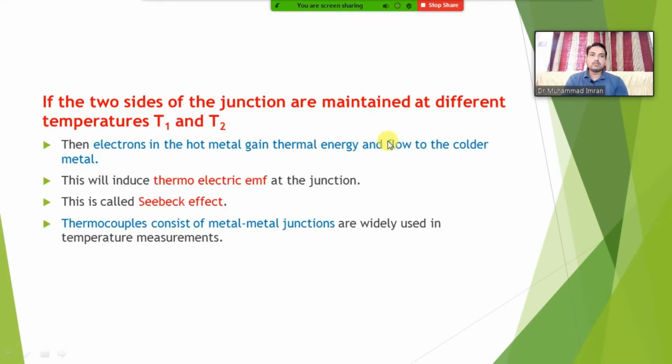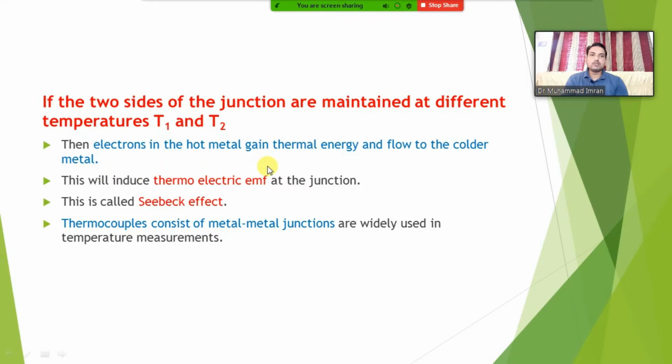Similarly, if you put two sides of the junction at different temperatures, so that one metal is at temperature T1 and the other metal is at temperature T2, there is a temperature difference across the junction. Electrons on the hotter side gain thermal energy and start traveling towards the colder side of the junction.